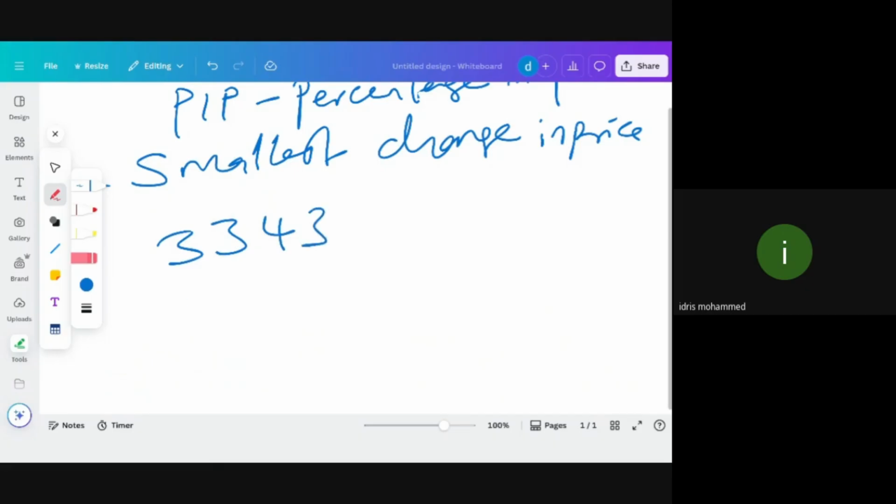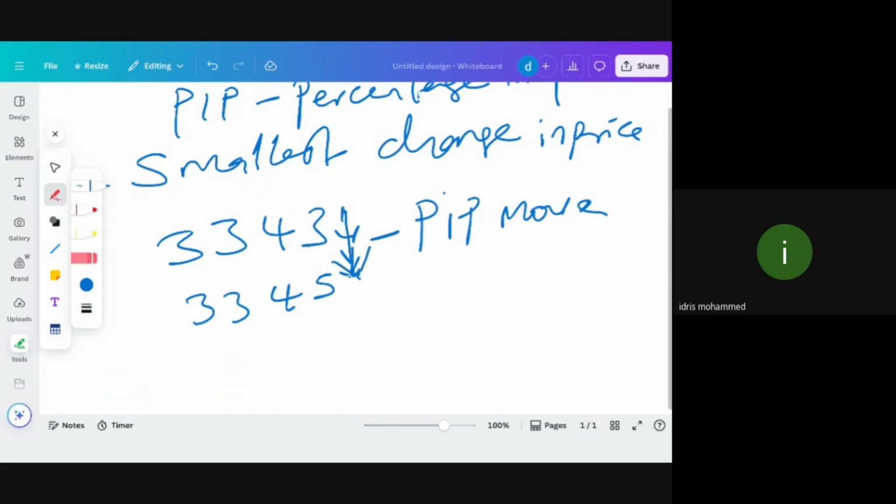If gold now moves to 3345, from this move to this move is what we call a pip move. It can be a downward move, or an upward move, from down to up.